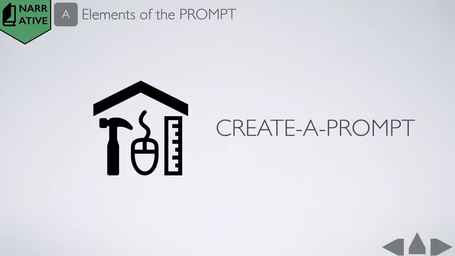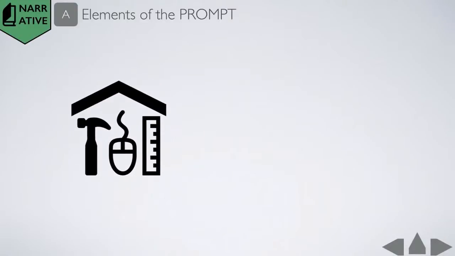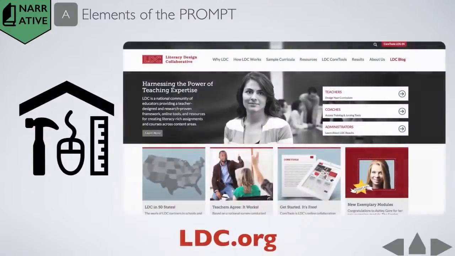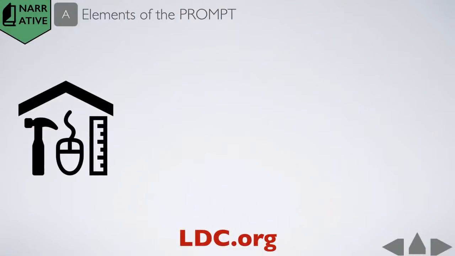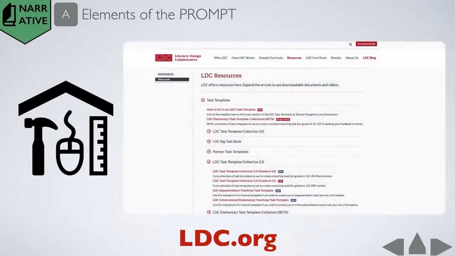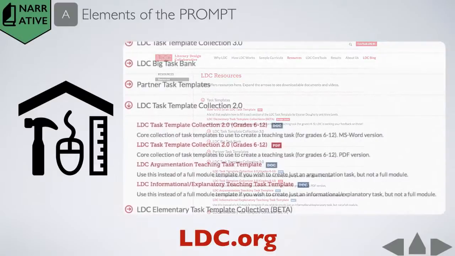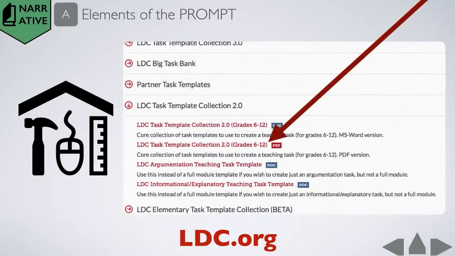Another option for creating a prompt is to check out this great resource provided by ldc.org, or the Literacy Design Collaborative, which has templates for creating rich writing tasks for the narrative mode, but also templates for expository and argumentative modes.